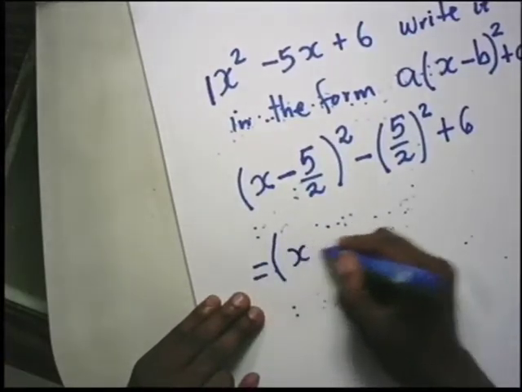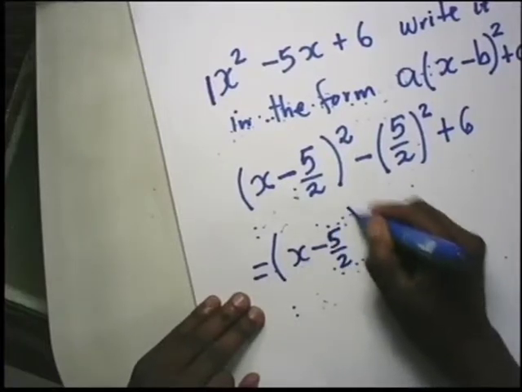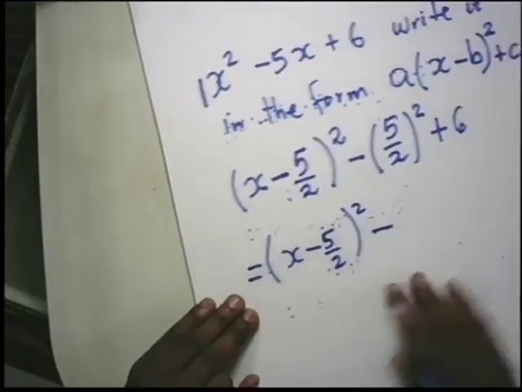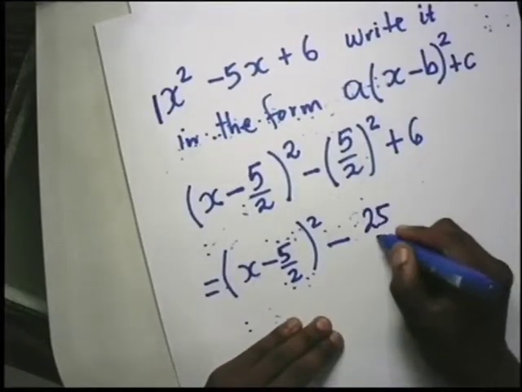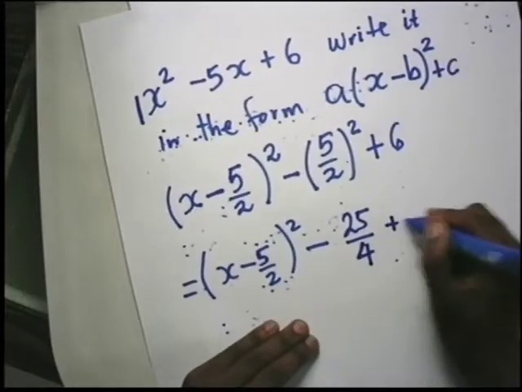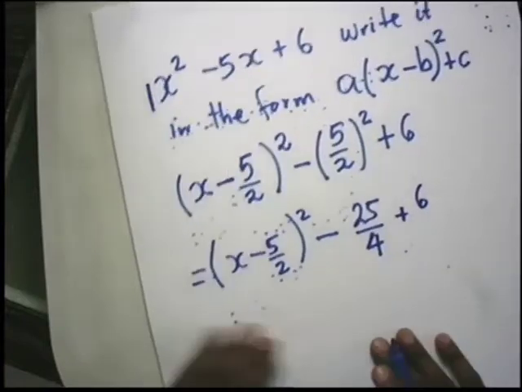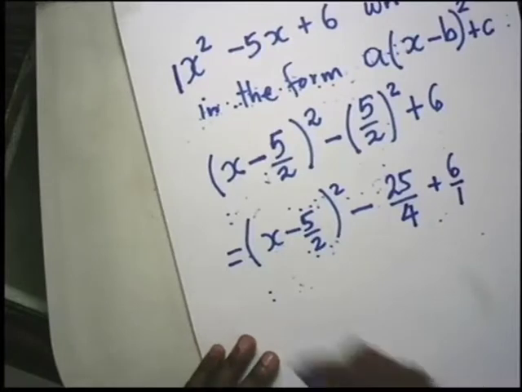You keep this one as it is. You have x minus 5 over 2 squared minus 25 over 4 plus 6. Now here you do your calculations.